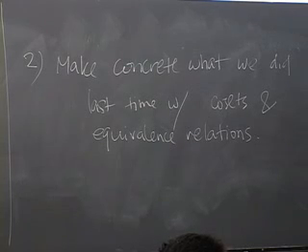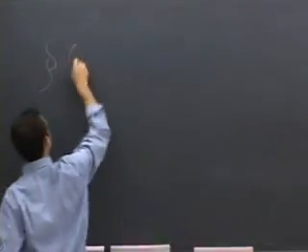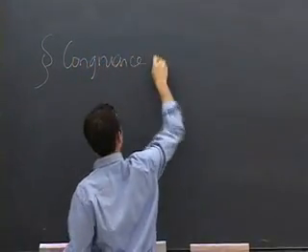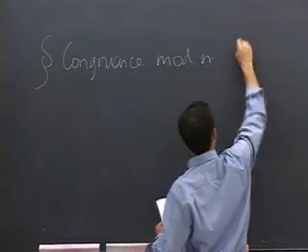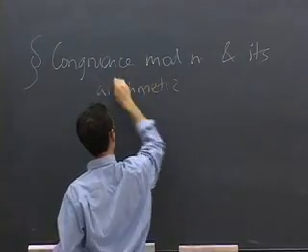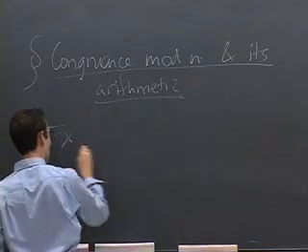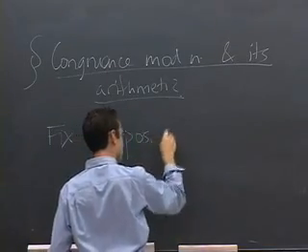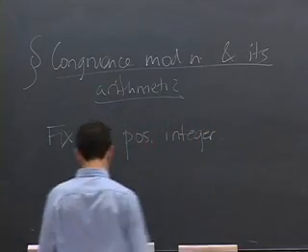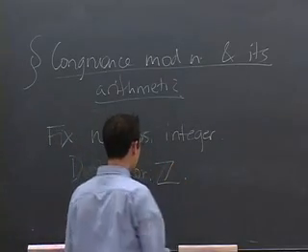So the main concept that is going to be new in lecture and which was on the reading from last lecture is that of congruence mod n and its arithmetic. So let's fix some n, a positive integer, and define on the integers a relation.